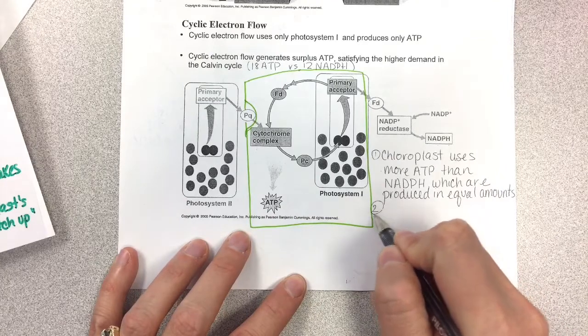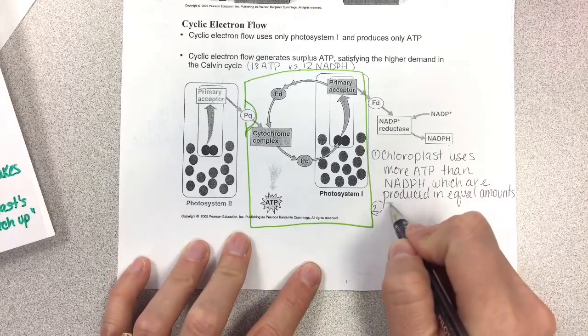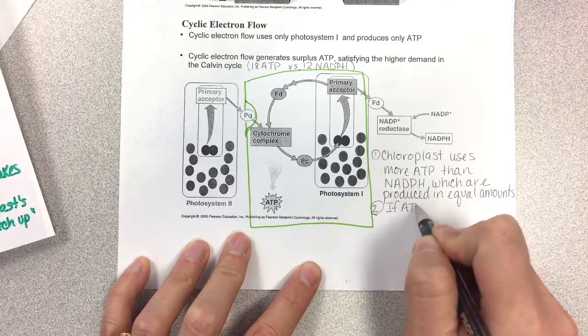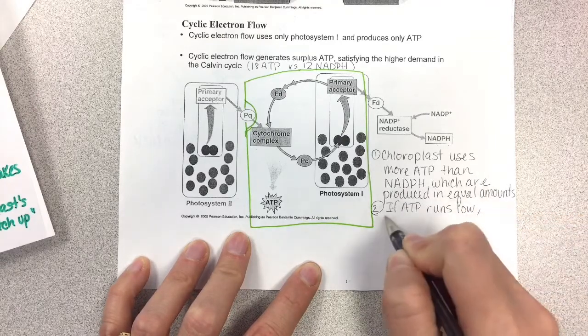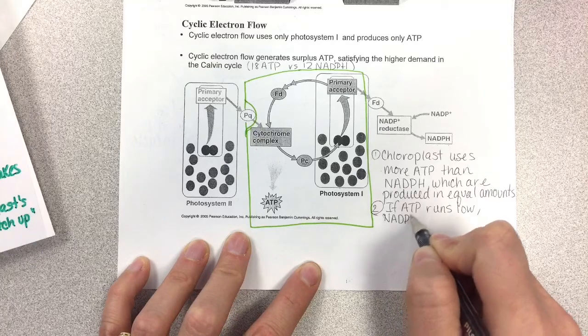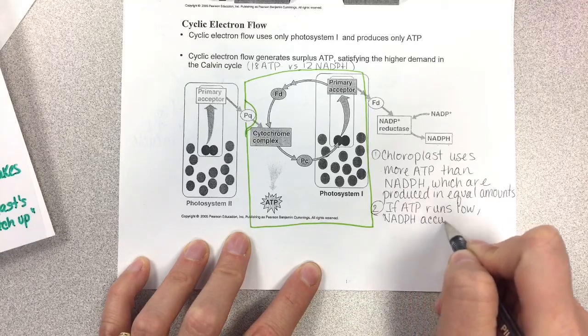Second, if ATP runs low, because it's used more in the Calvin cycle, NADPH accumulates.